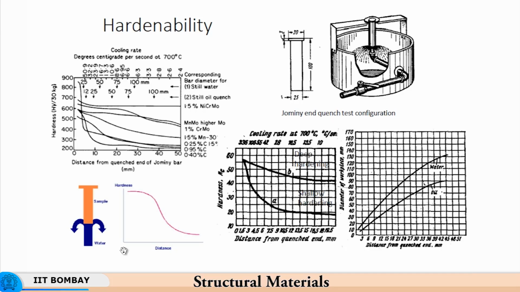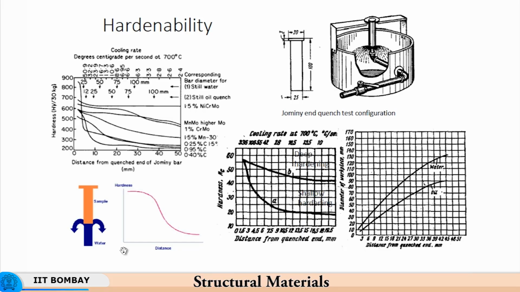Water and oil we have already seen as two different quenching media, which result in different degrees of cooling rates, and therefore different diameters of shafts that can be hardened.